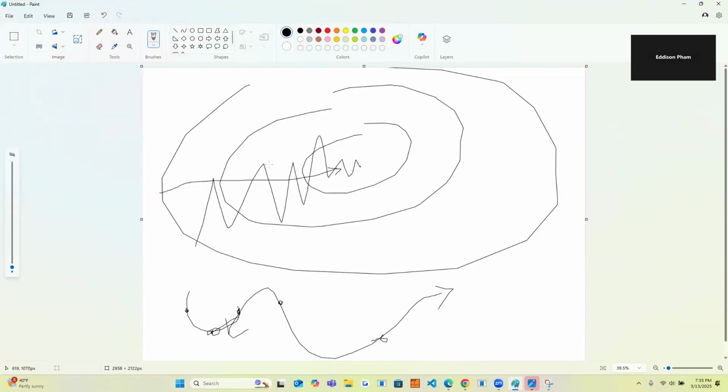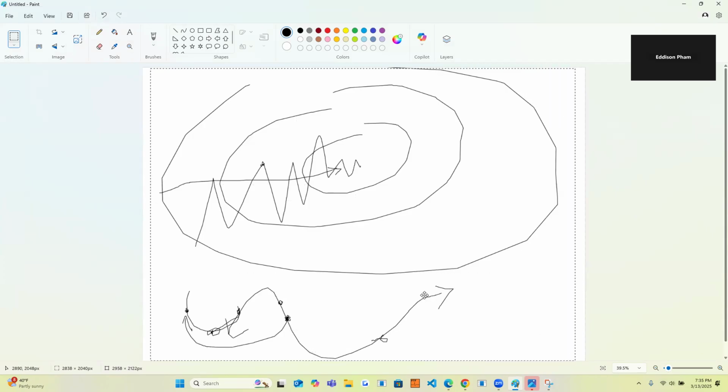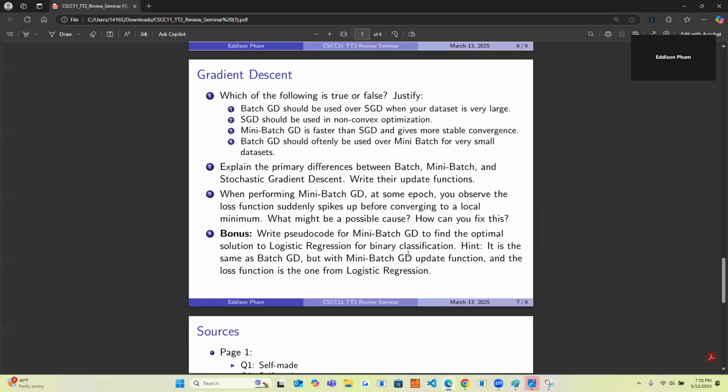If you use a noise term in your stochastic gradient descent update function, then it could perhaps jump all the way to here. But it could also harm your algorithm, if your original weight was here, but then it suddenly jumped to somewhere near the local minimum. So it's kind of like a double-edged sword, and you'll see that happen usually when you work with SGD. So in general, this is true, but overall it's not true. Still, you should use SGD over batch for non-convex optimization.